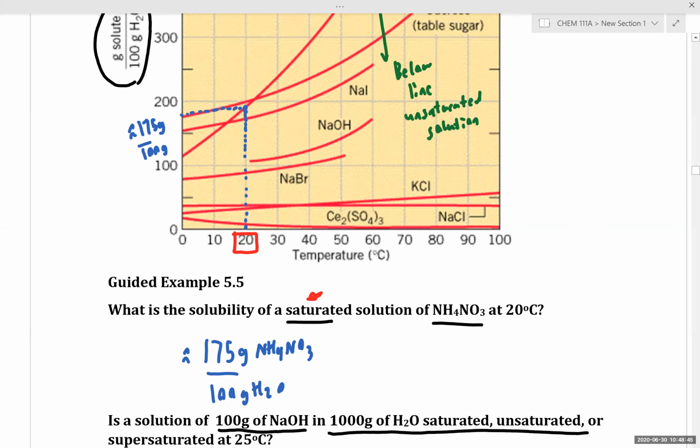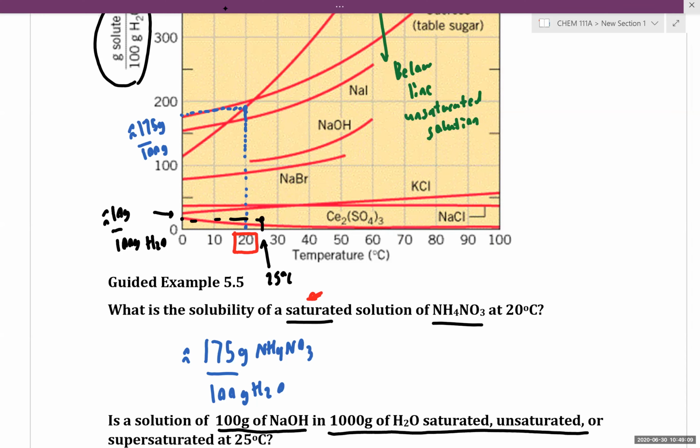Now we're going to find sodium hydroxide. We're going to go from 10 grams. So this point right here is about 10 grams per 100 grams of water. We're going to trace across to 25 degrees Celsius. Okay, so we found 25 degrees Celsius.